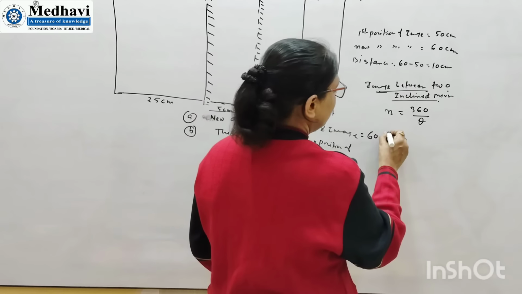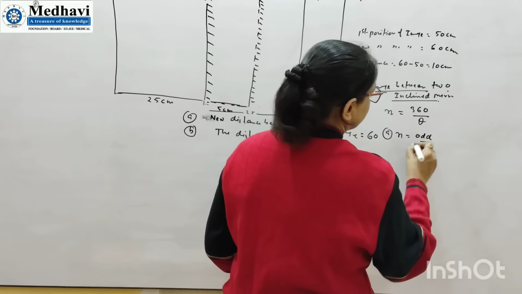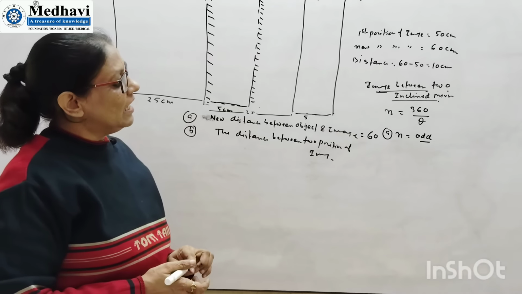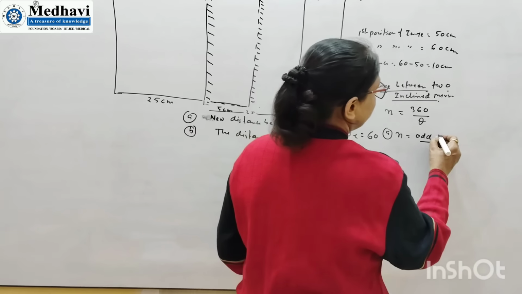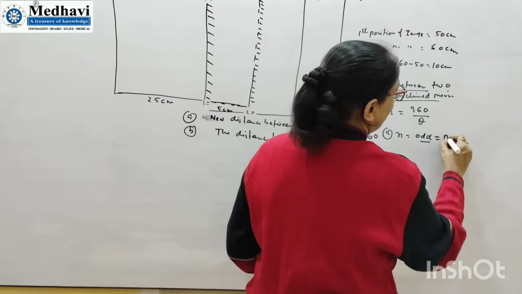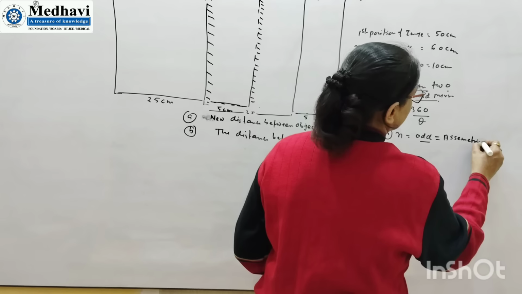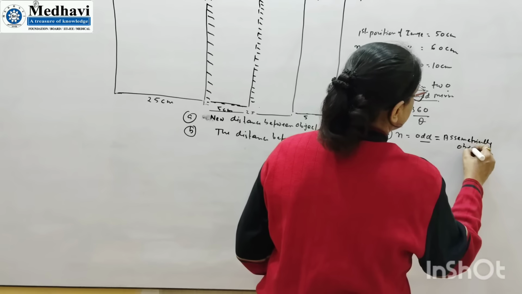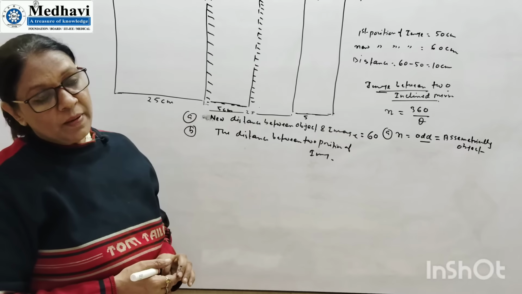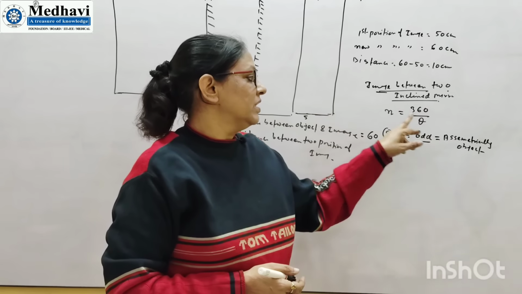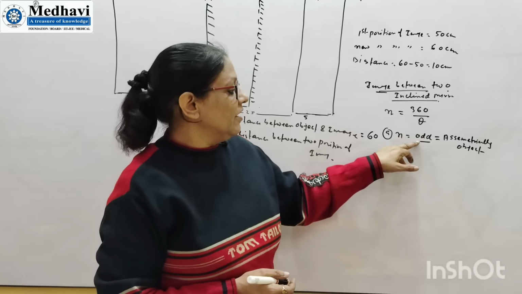Now, very, very important, if the value of n is odd, then this is equal to the number of images when the object is placed asymmetrically. For an asymmetrical object between two plane mirrors, its number of images will always be equal to n if it is an odd number.